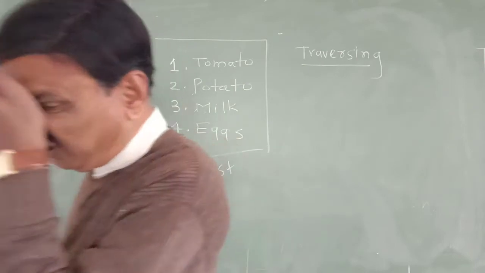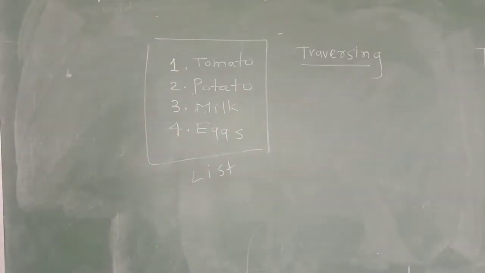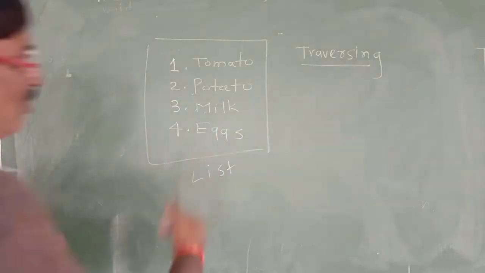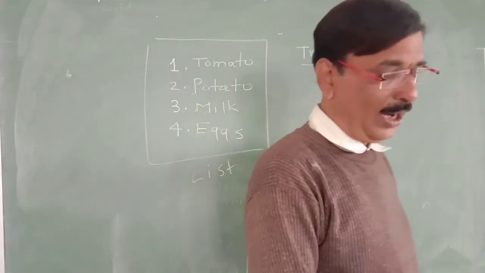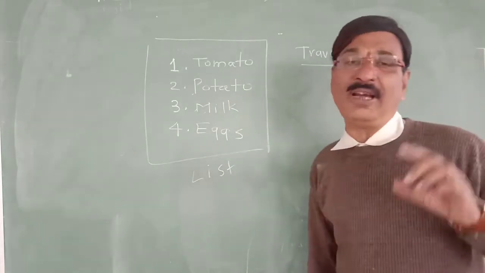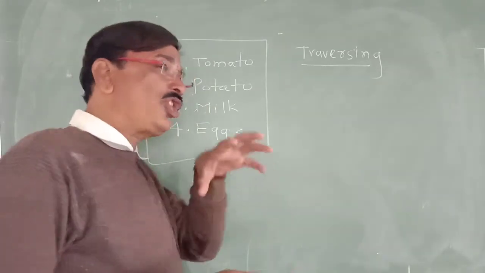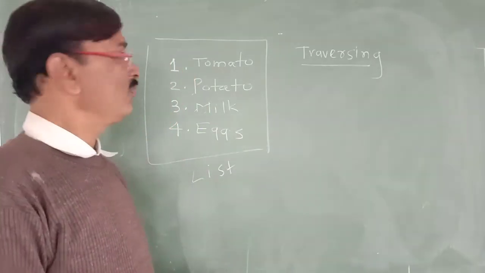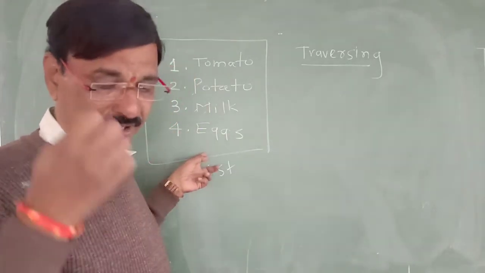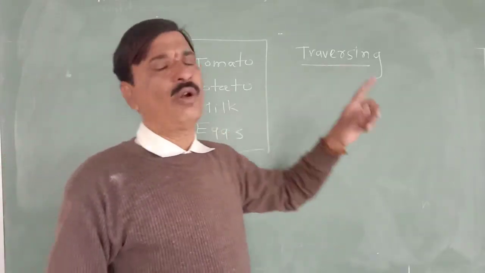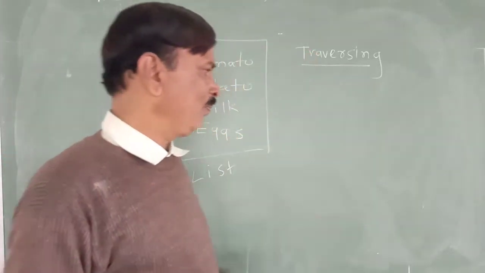So what is the definition of traversing? Traversing stands for visiting each element exactly once. Suppose the question asked is, there is a list of 4 elements and you have to carry out the operation, that is traversing.